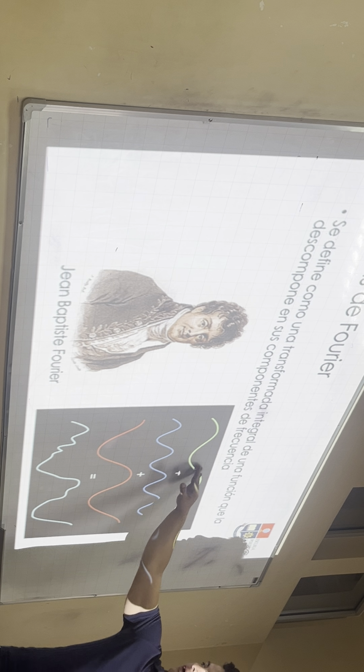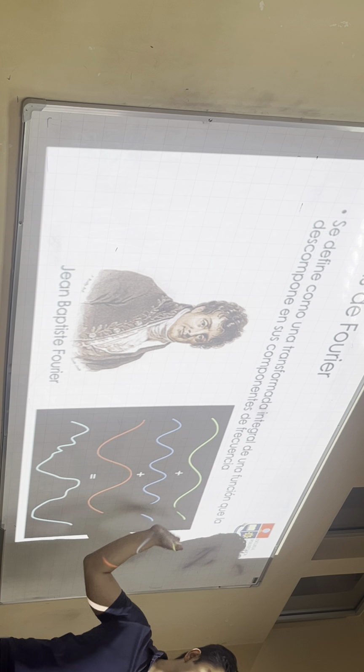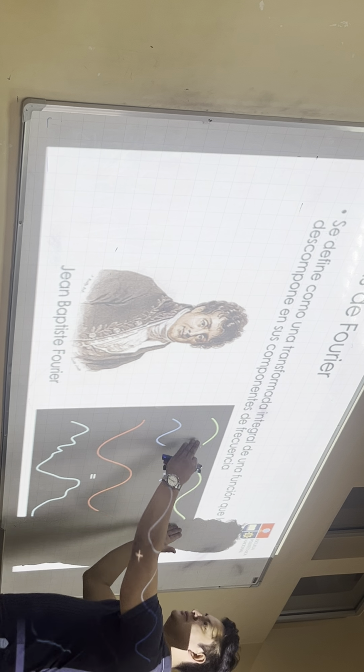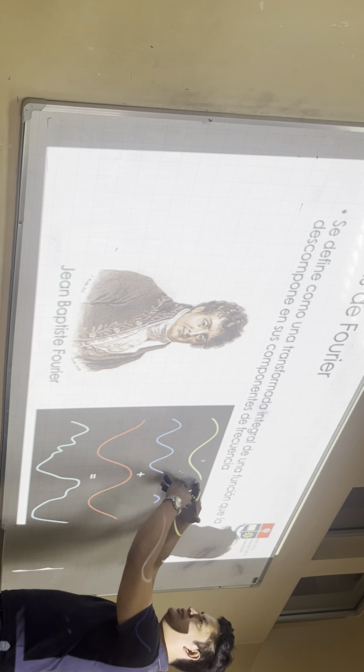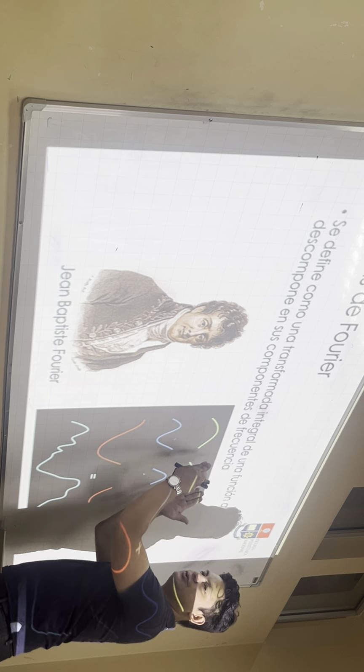And all of them have a particular frequency, a particular amplitude, and a particular phase. Right? Phase means where you start measuring it. Amplitude, how big the signals are, and frequency, how distant these two peaks are.